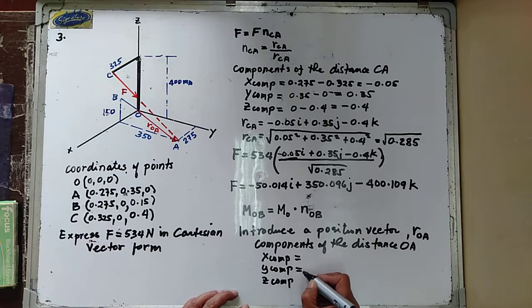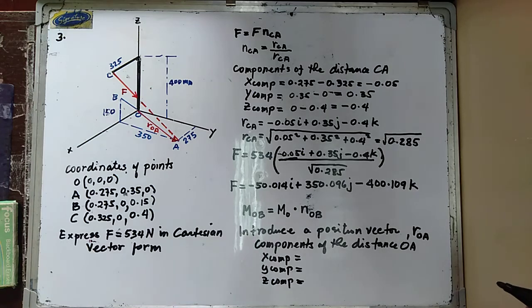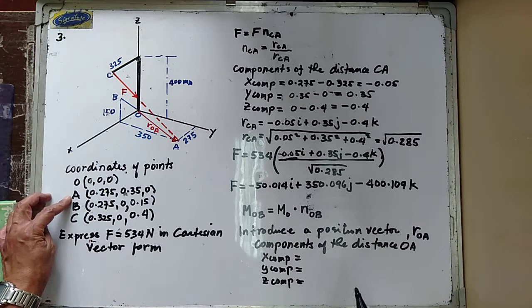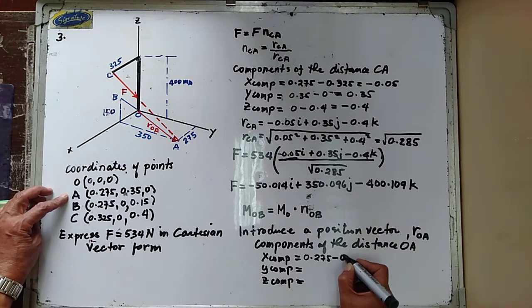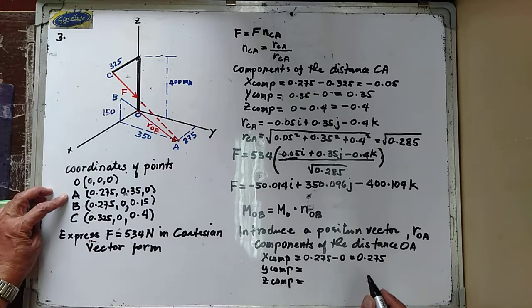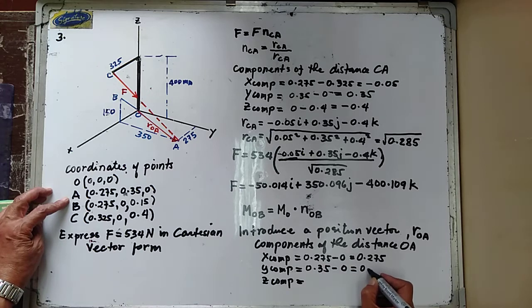In this case, A minus O: the x component is 0.275 minus 0, that is 0.275. The y component is 0.35 minus 0, that is 0.35.